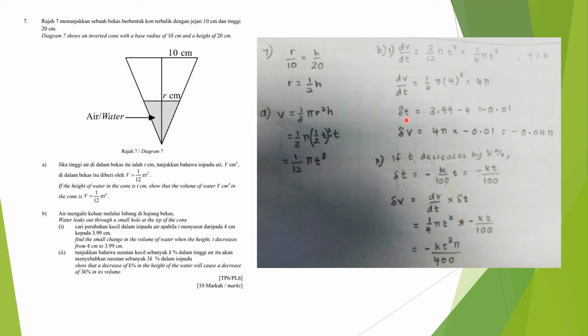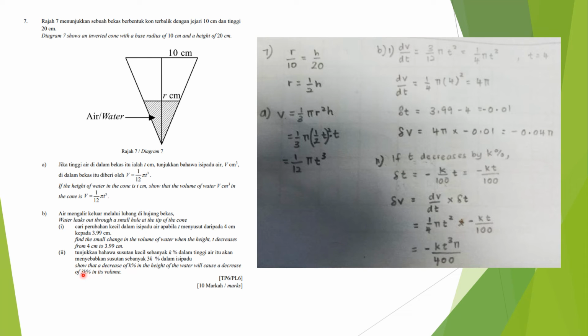So we find our delta T, approximate change in T, that is 3.99 minus 4. So you get negative 0.01. So the question asks for small change in volume. So change in volume becomes 4 pi times negative 0.01. So you multiply, you get negative 0.04 pi.